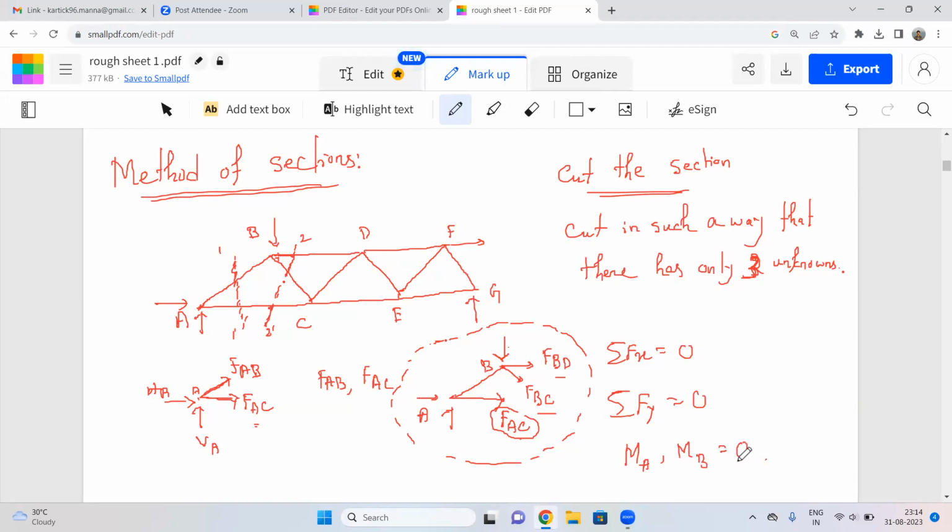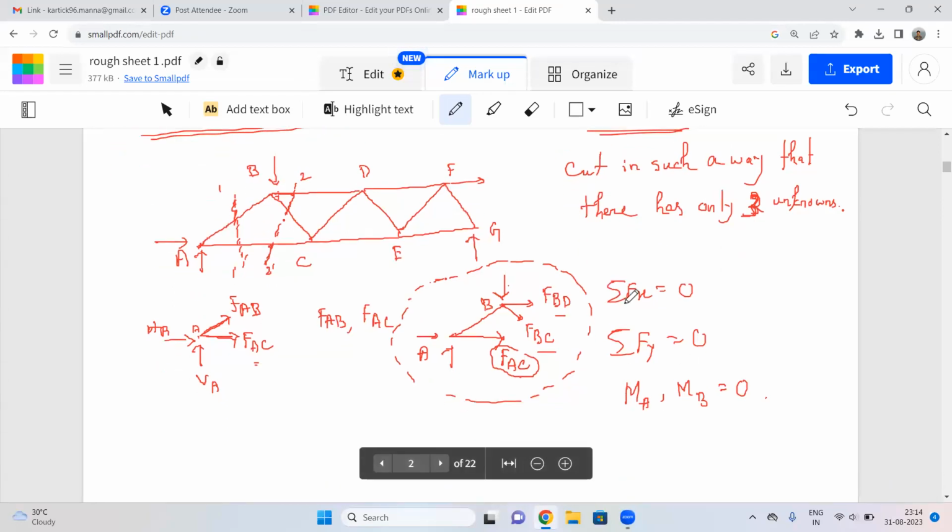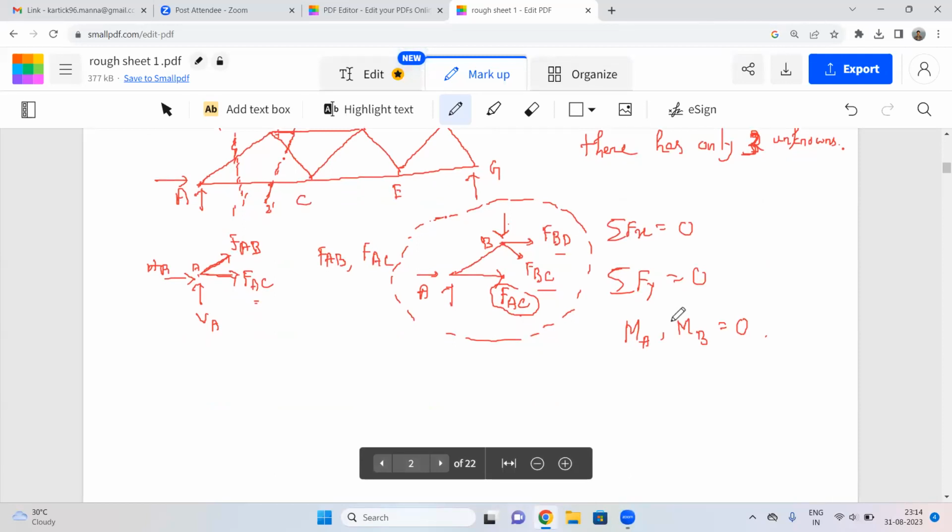Now can you tell me at which point we'll find out the moment? At point A or point B? Both the points are having moment, yes, at 0, both right?